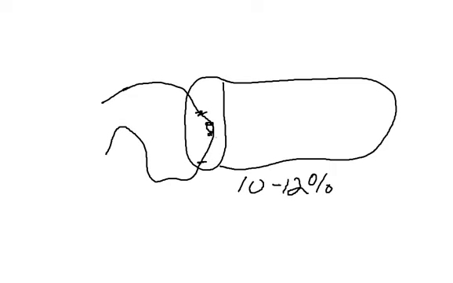Technique clearly is important, but despite perfect technique from high-volume surgeons, nobody is immune. Very few places have shown leak rates lower than 10 to 12%. So this is the more morbid or major complication, which we call pancreatic fistula.